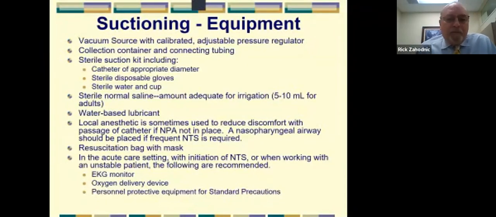You may need a water-based lubricant if you're using the suction catheter through an airway of some kind. We're not going to worry about local anesthetics in this case, because we'll probably have an NPA in place. We'll also have a resuscitation bag and other emergency equipment like an EKG monitor and an oxygen saturation monitor, something along that line to monitor them.